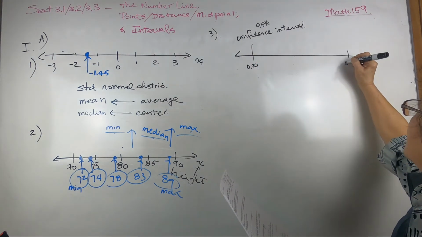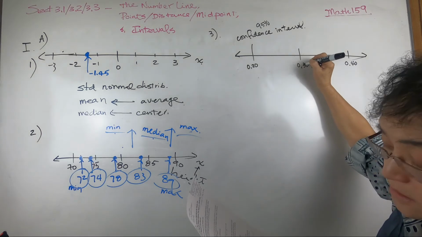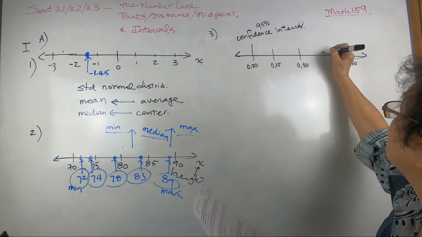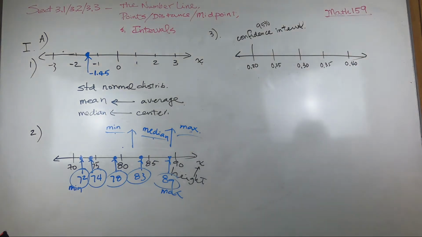So it's about between 0.20 and 0.40, right? So that would be 0.30, that would be our 0.25, that would be 0.35. So we are going to mark the interval. The interval is the area we are concerned about, between 0.24 and 0.32.